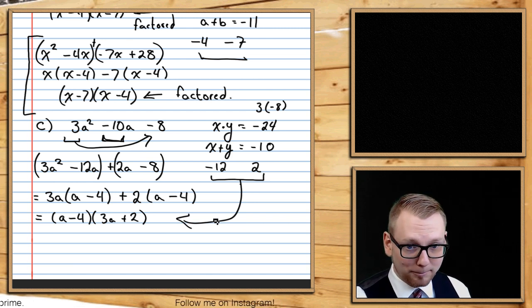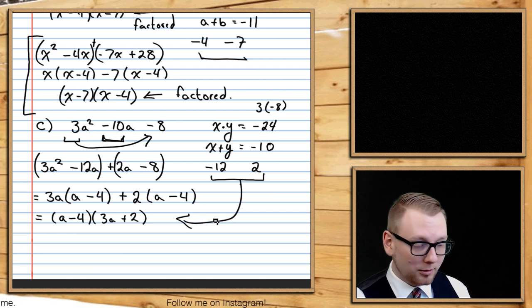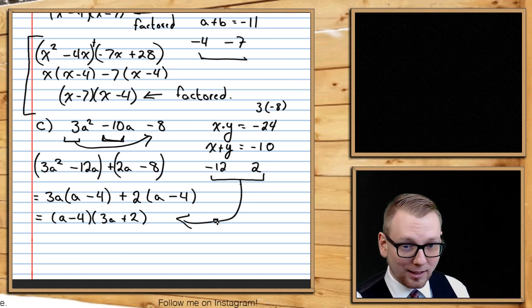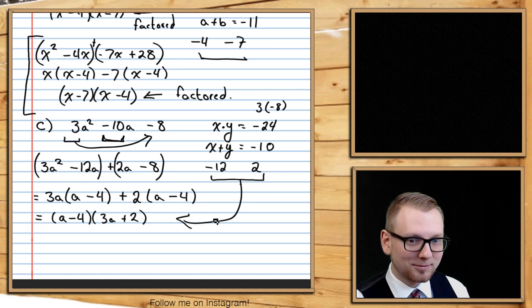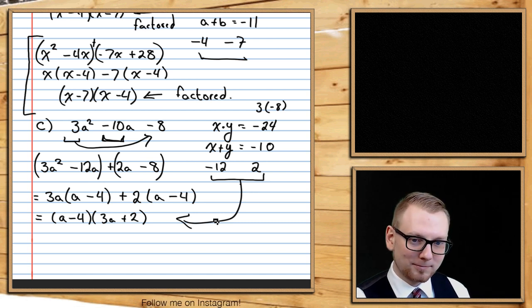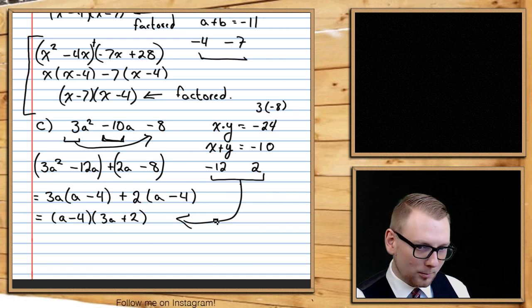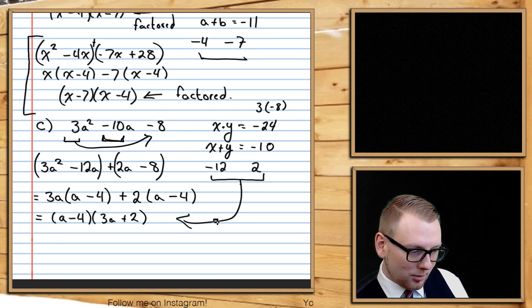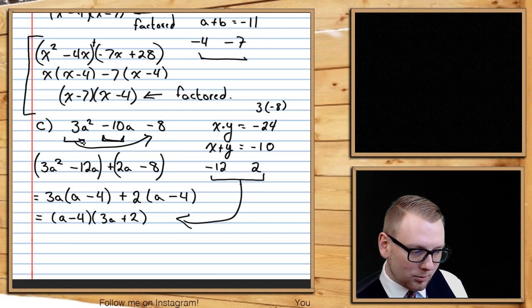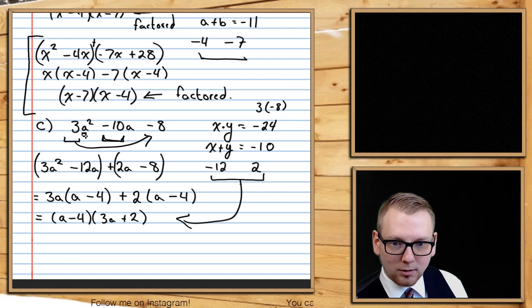It is what we got. The only difference is we have to figure out how to get there. So that's the problem when it comes to numbers where we have something in front.